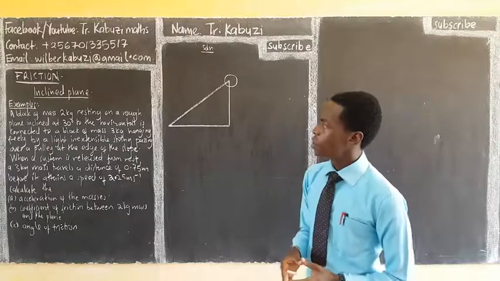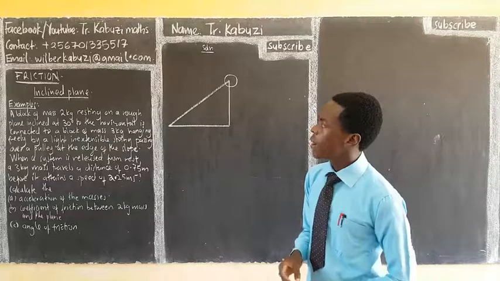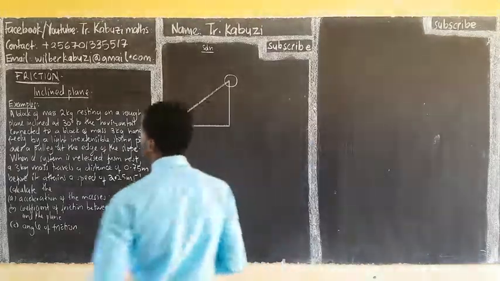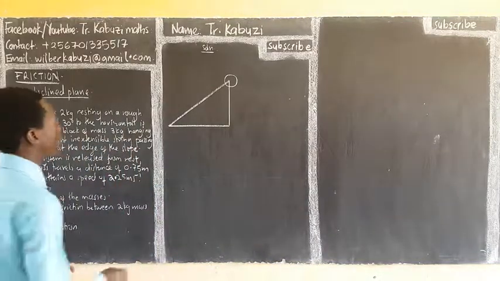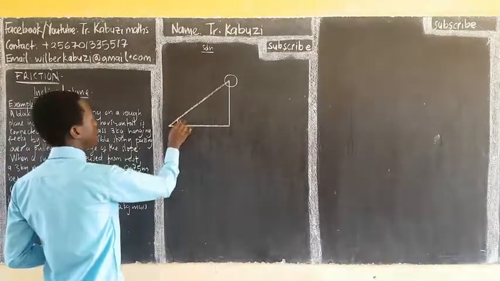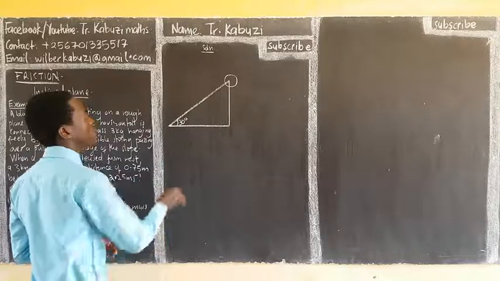A block of mass 2 kg resting on a rough plane inclined at 30 degrees to the horizontal. So this plane is inclined at 30 degrees to the horizontal.